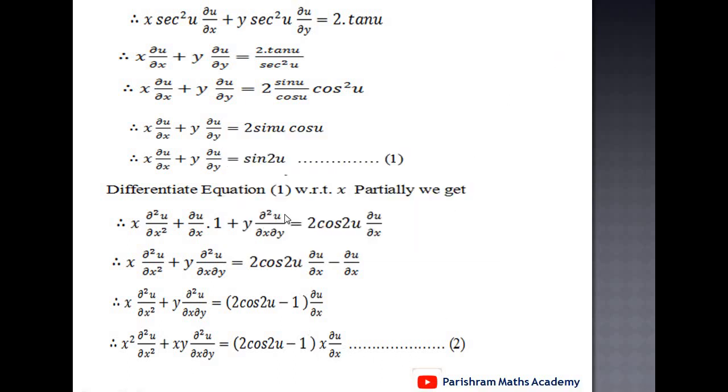Then again we can differentiate equation 1 with respect to y partially. To find the derivative of equation 1 with respect to y, we can apply the product formula for the second term. In the first term x is constant, and therefore differentiating equation 1 with respect to y partially, we get, first with x constant, derivative of ∂u/∂x with respect to y is ∂²u/∂y∂x.